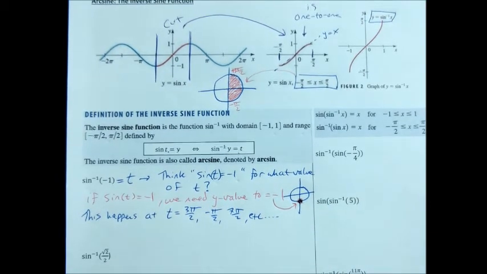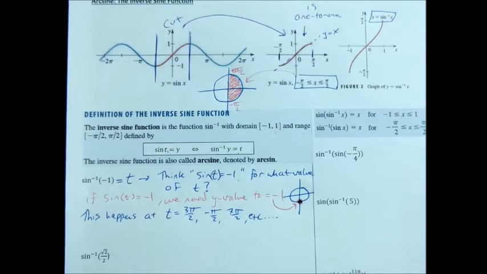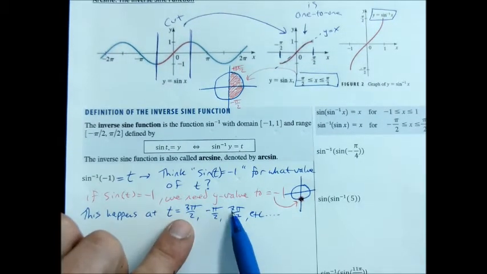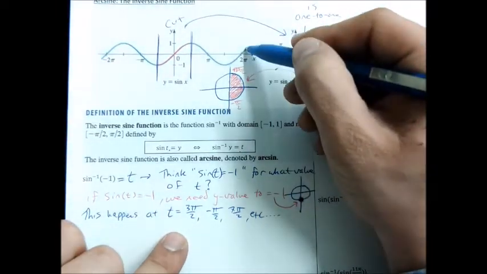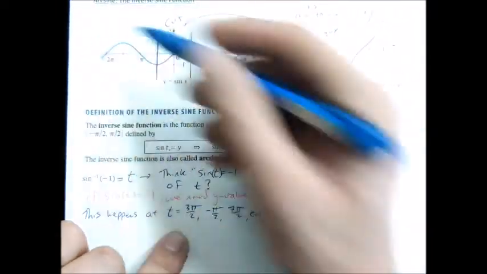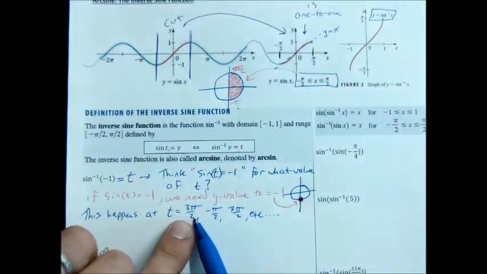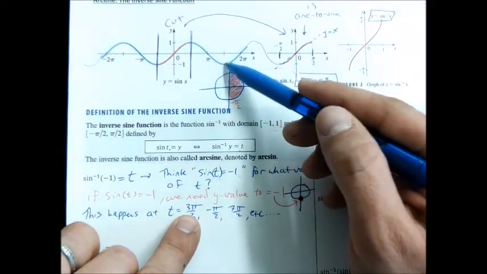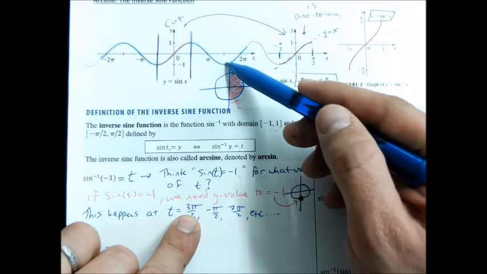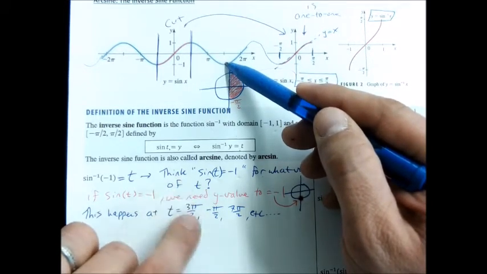Each one of those t values corresponds to a different piece on the graph. This graph keeps going in both directions, remember that? And so 3 pi over 2 is this one right here. Does everyone see where I'm pointing with this? This value of negative 1 is associated with this t.